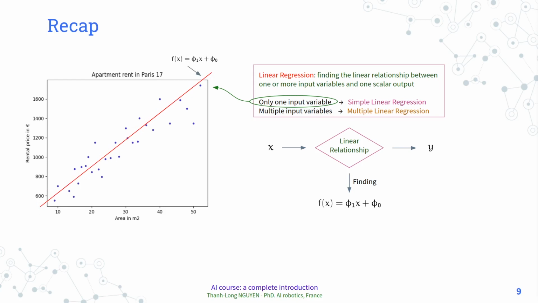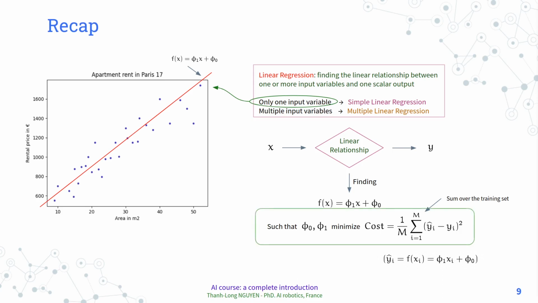And to find the best fitting line, we have to find the values of phi0 and phi1 that minimize a cost function, which is equal to 1 over m sum from i equals 1 through m of square errors, where y hat i is the value of f given the input xi. Indeed, to deal with such kind of optimization problem, one of the most popular approaches is to use gradient descent. But we will discuss this technique in the next lesson, the second part of the linear regression lecture.